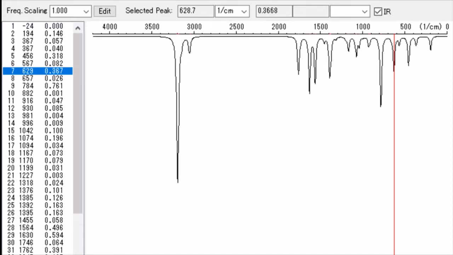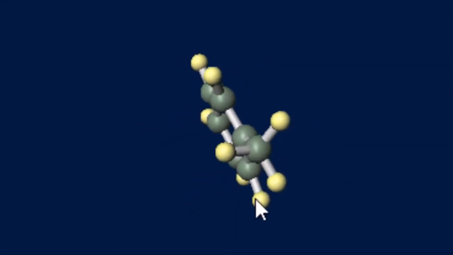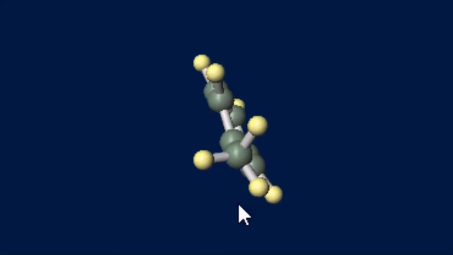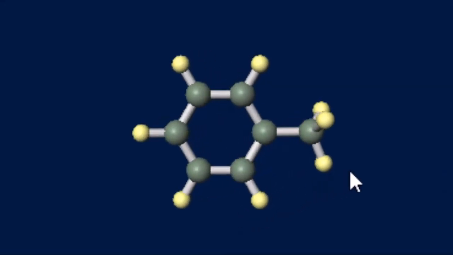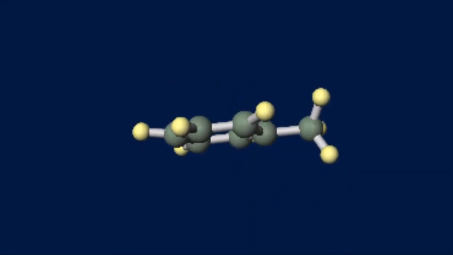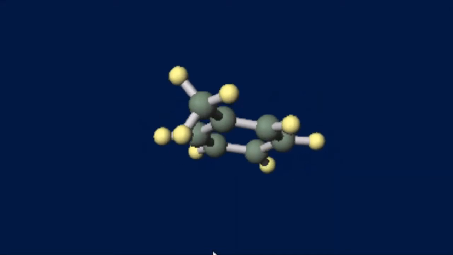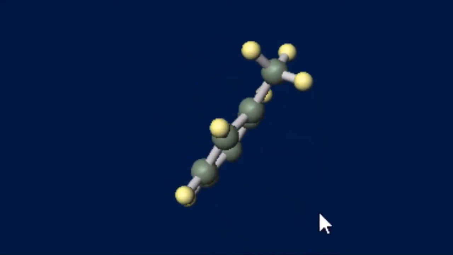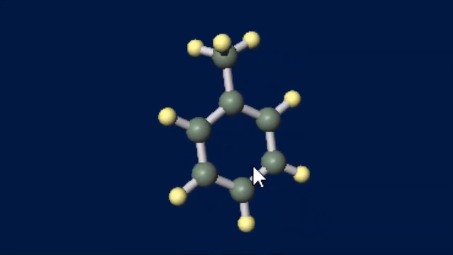This is the vibration corresponding to that peak. This is again a different kind of wagging. Especially in this molecule, almost all the atoms are involved. Therefore, these are called fundamental modes of vibration, because all atoms are involved in the vibrations.